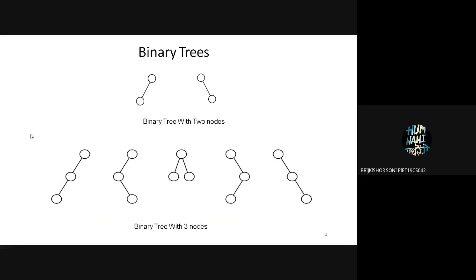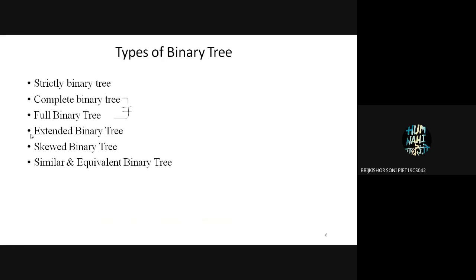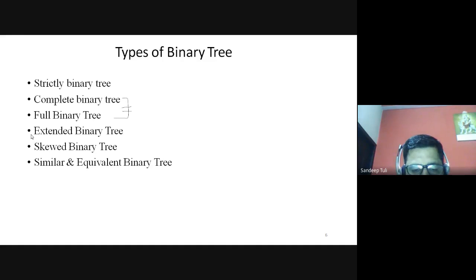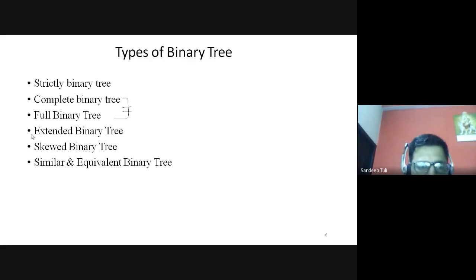Which includes maximum 2 children. Anyone else? What is a strictly binary tree?